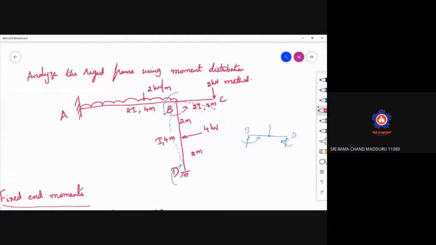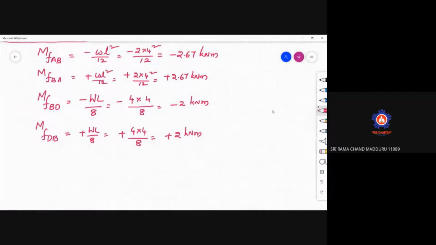So the resisting moment MBC is anti-clockwise, minus 2 into 2, minus 4 kilonewton meter. So that's it.